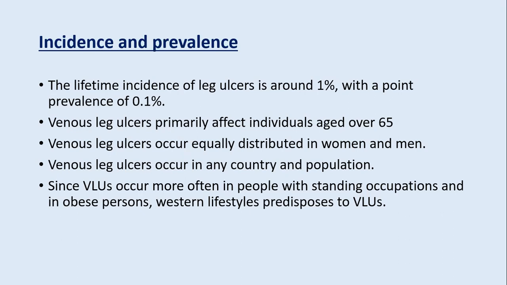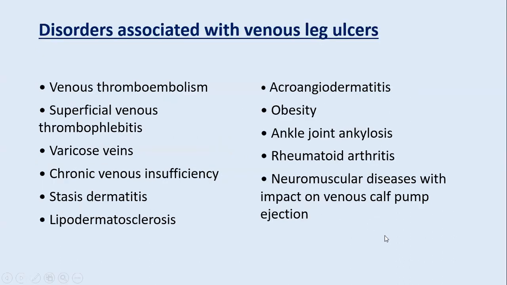Leg ulcers occur in any country and any population. And venous leg ulcers are seen more commonly in people with standing occupations and those who are obese, and Western lifestyles with minimal physical exertion predispose to venous leg ulcers.